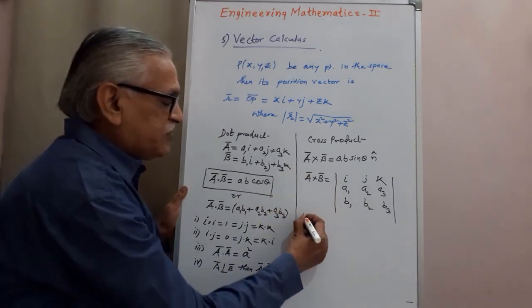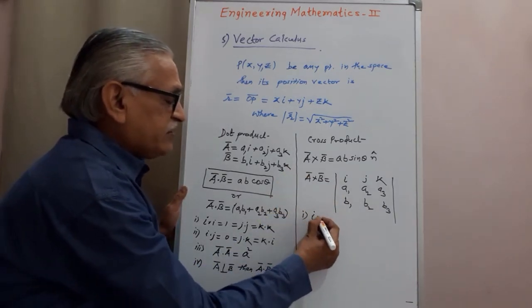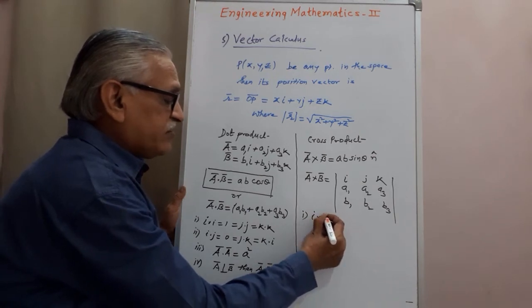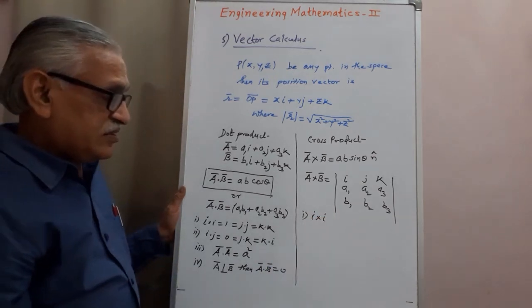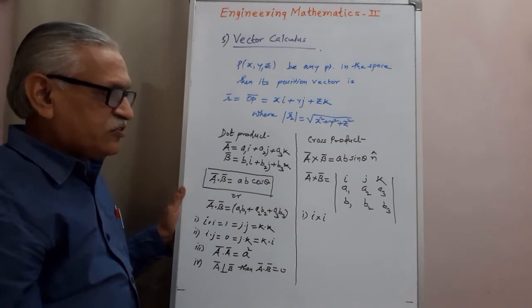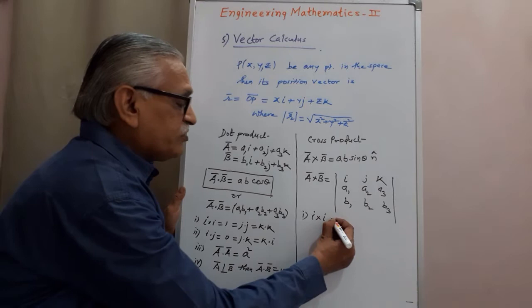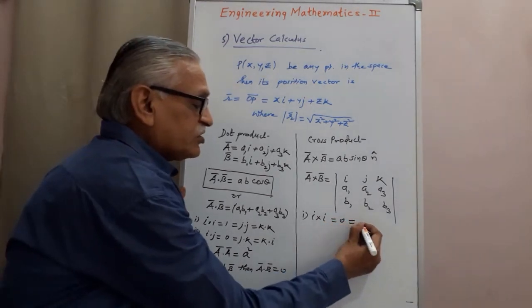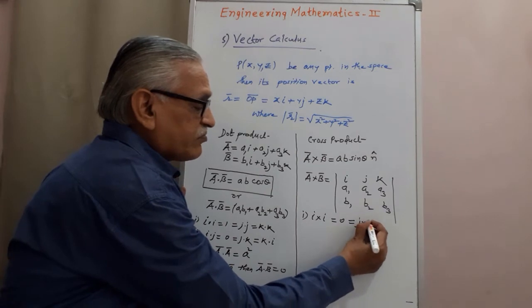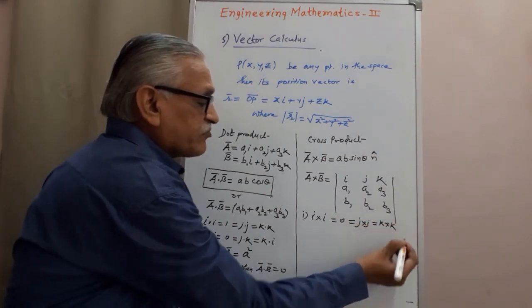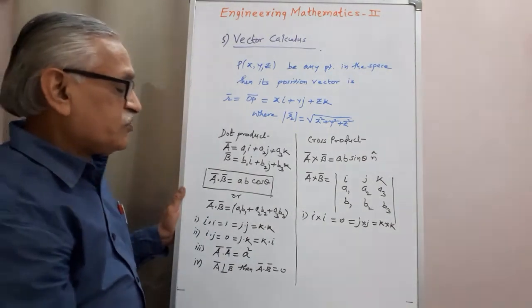For the cross product, the first property: i cross i. The angle here is 0, sin 0 is 0, therefore we get the value 0. The same for j cross j and k cross k. All values are equal to 0.